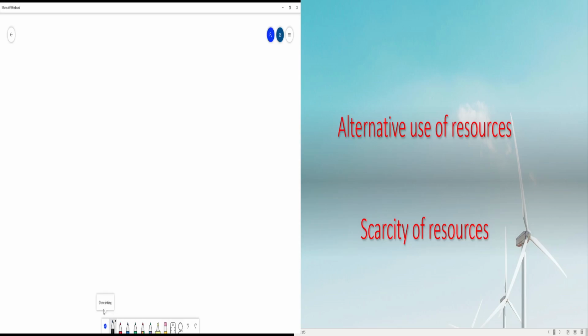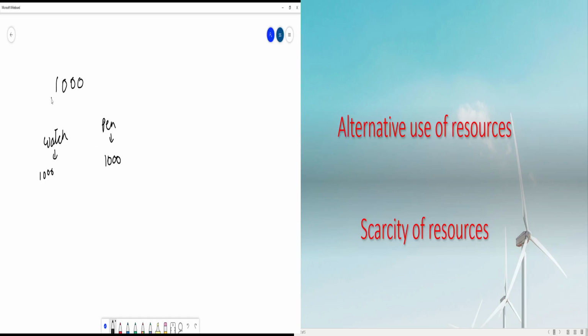Alternative use of resources basically means that let's say you have 1000 rupees, right? And let's say you want to buy either a watch which costs you 1000, or you want to buy a pen which costs you 1000.